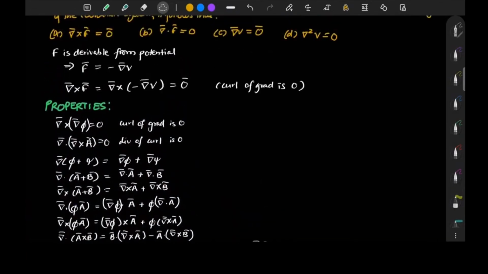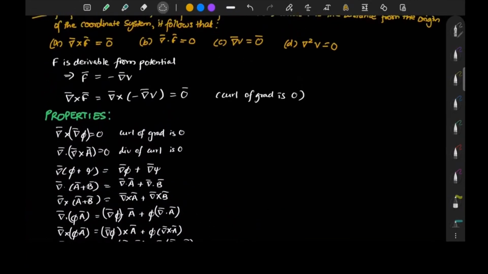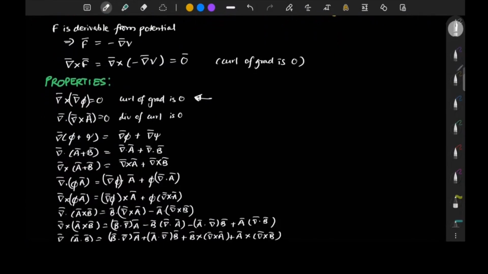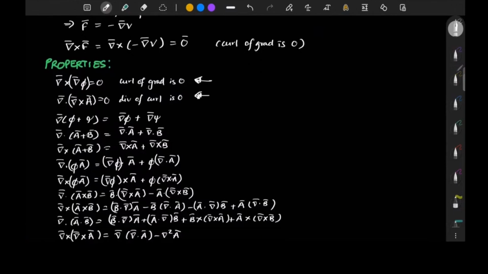So the property that we just used right now is this: curl of gradient is equal to 0. Another similar property that we have is that the divergence of curl is equal to 0. These are the two quite popular properties that we have, so to say.